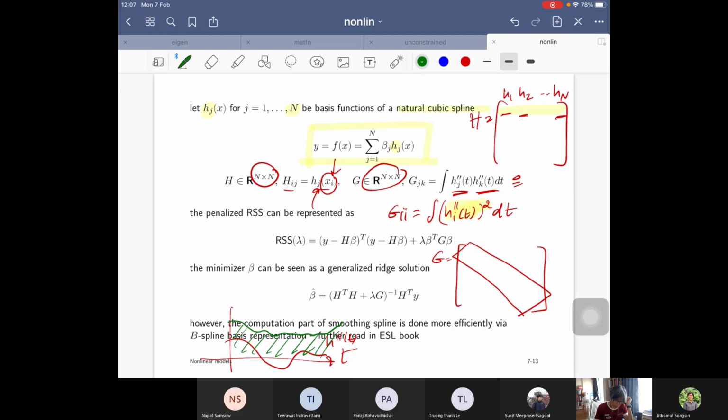So G11 is the energy of h1 double prime, and G22 is the total energy of h2 double prime. Diagonal entries are non-negative. That's the first thing. And by the definition, this is the inner product between the second derivatives of the jth and the kth.